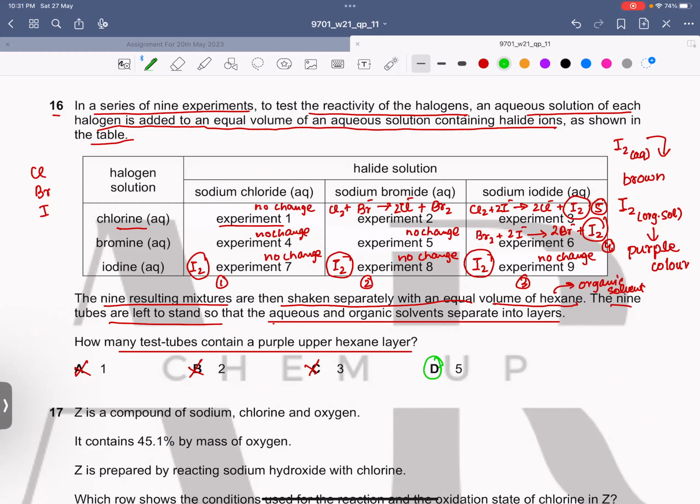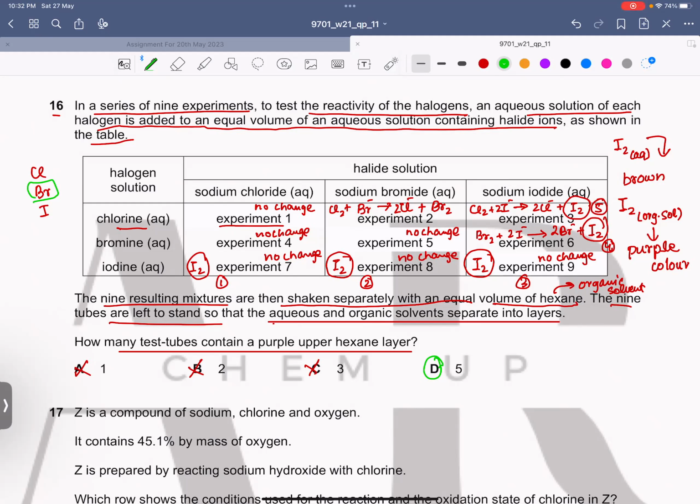Yes. In which part, Mehveen? In which experiment are you talking about? Because bromine is less reactive than chlorine. See the position of bromine. Bromine is below chlorine, so bromine cannot displace the chloride ion.